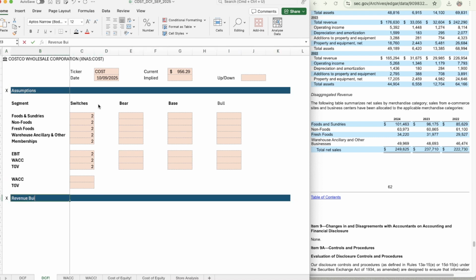And the first thing we do is the revenue build. We're going to start in 2022. And always make the title of the revenue segment equal to what is in the assumptions, so that if you update it in the assumptions, it's going to update below as well.